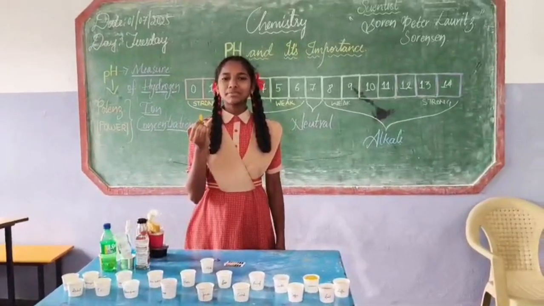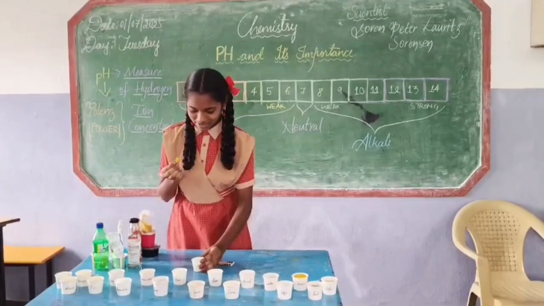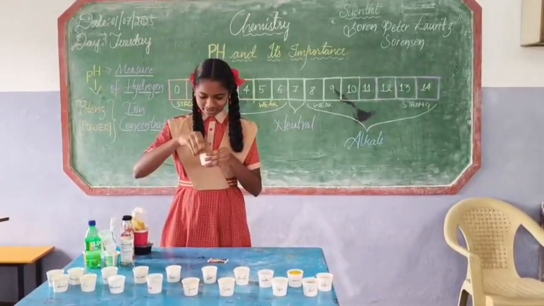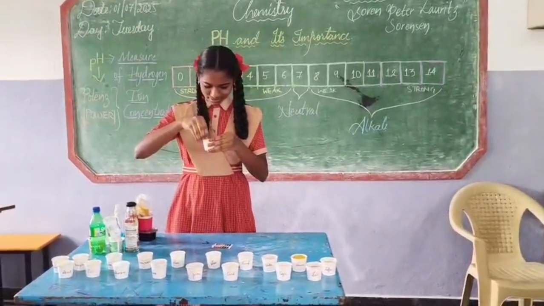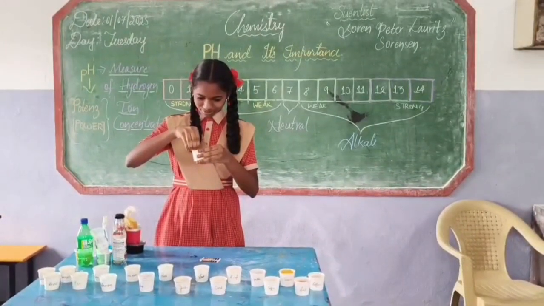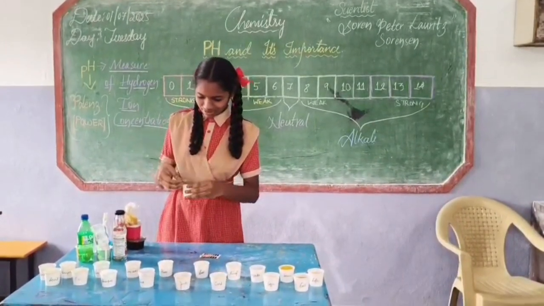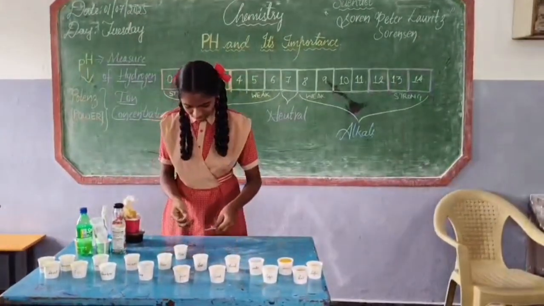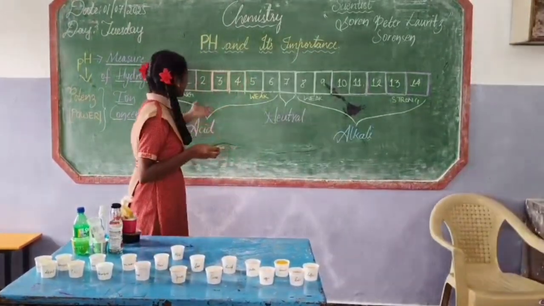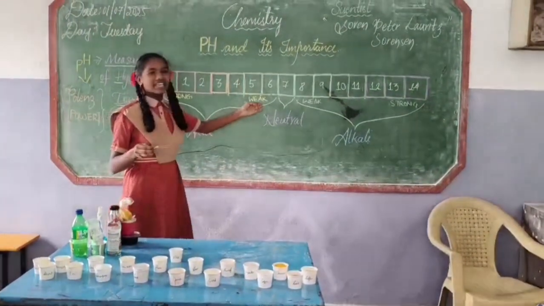Now I am dipping this pH paper in milk. It is 5. 5 means it is acid, it is a weak acid.